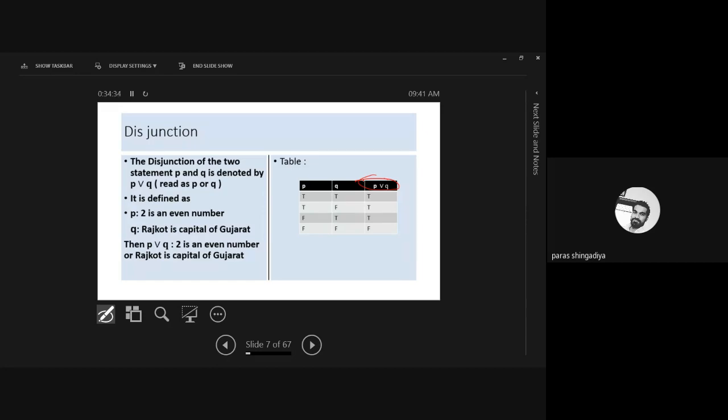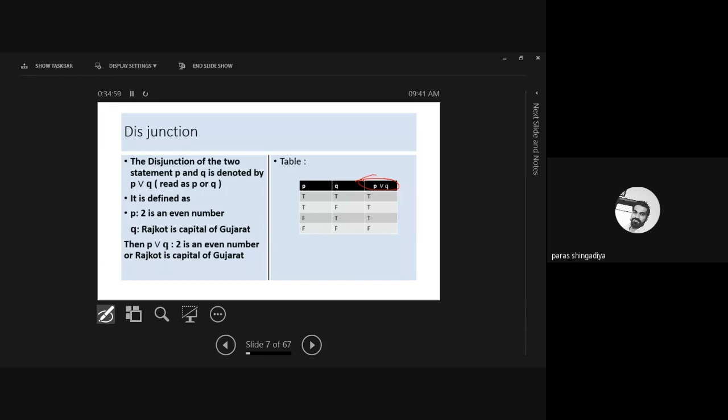So in only one case is the outcome false. In all the remaining cases it will be T. So both are T, the outcome is T. TF, it will be T. FT, it will be T. And if both are false, then it is false. Clear? So it is only one case where we get a false output.